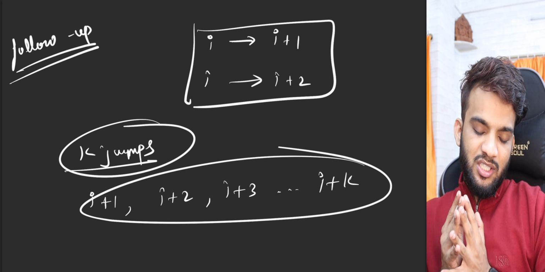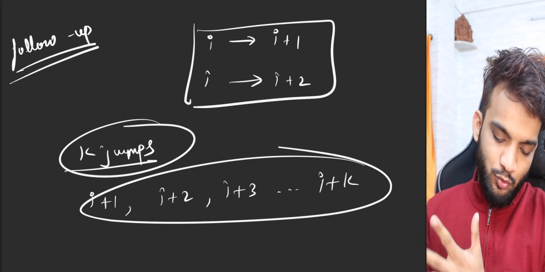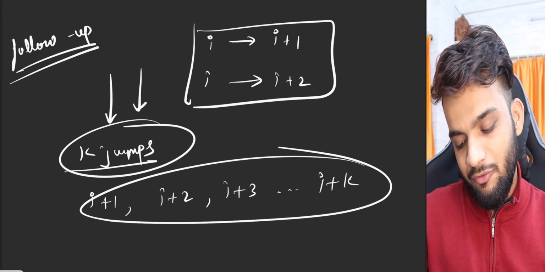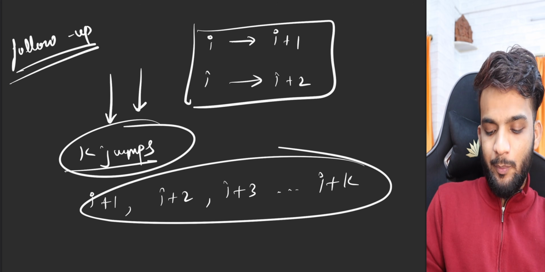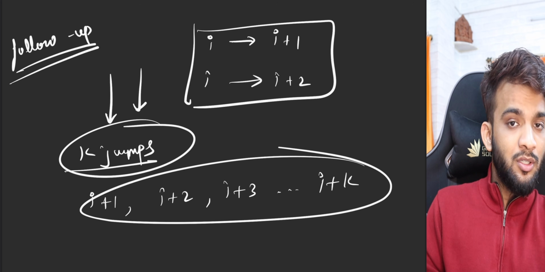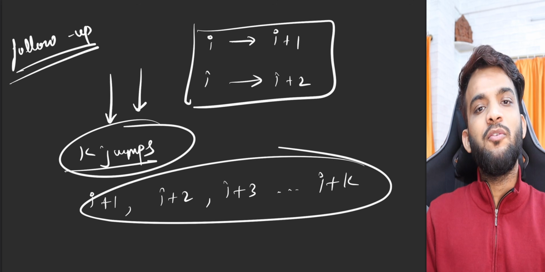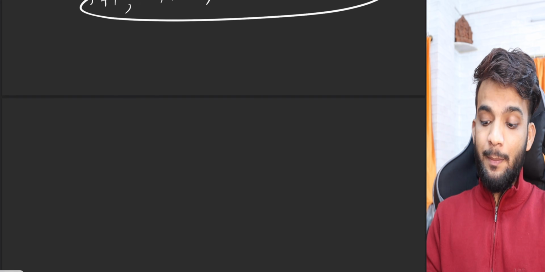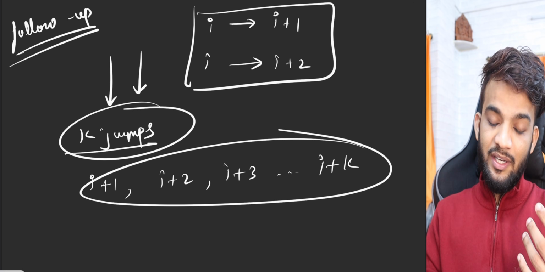Now I'll give you this as a homework. I want you to do k jumps. If you are using k jumps, then probably you cannot use space optimization, because there will be k previous elements that you have to carry. You will not be able to use what I told you.